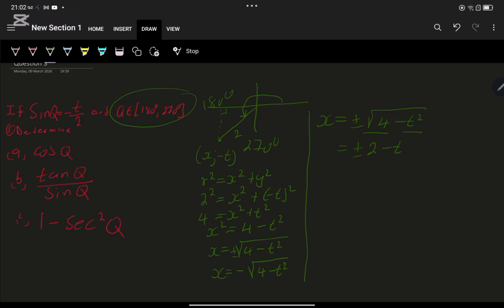Please work with them and try to ensure that they understand that they cannot do this. We're taking the square root of an expression here. It is not a square root of a term. So we cannot take the square root of 4 separately and the square root of t squared separately.